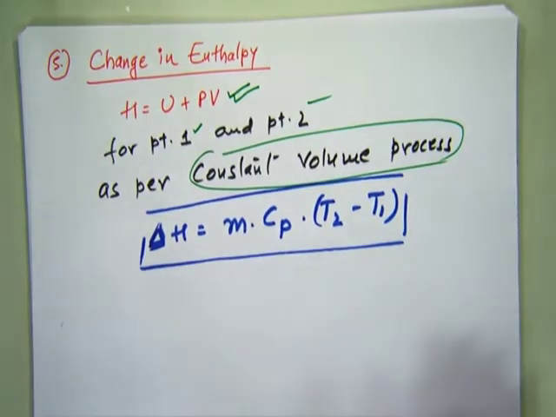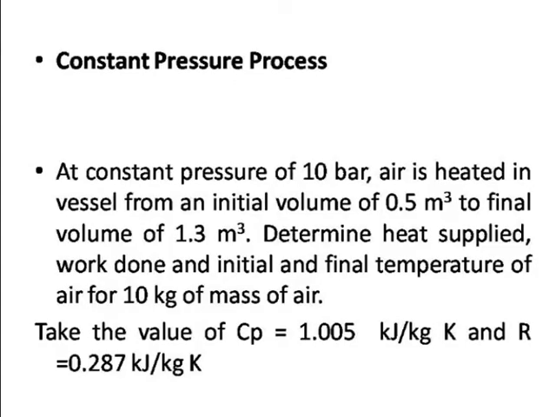We are moving to a small exercise on this constant pressure process. At constant pressure, air is heated in a vessel from an initial volume of 0.5 meter cube to a final volume of 1.3 meter cube.